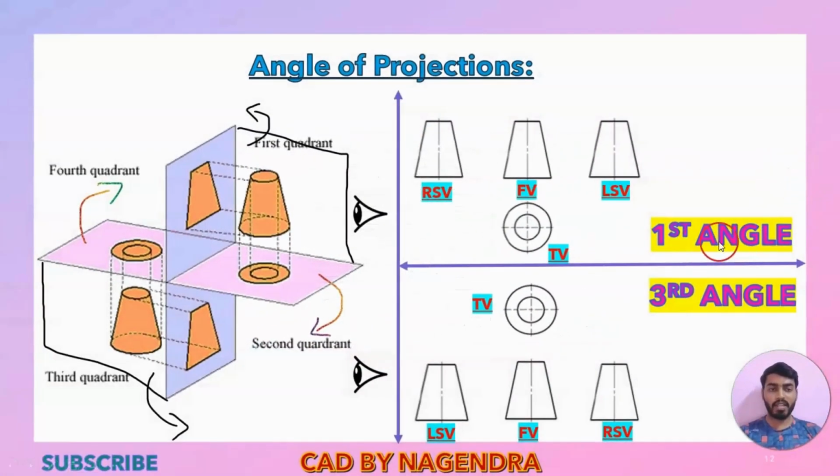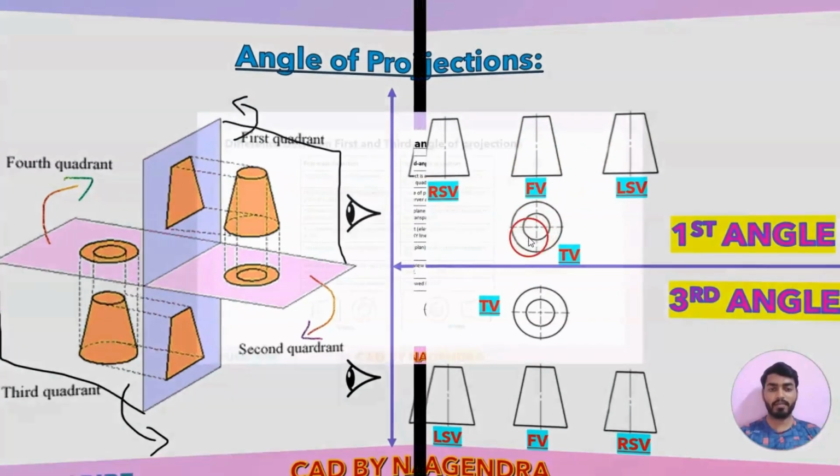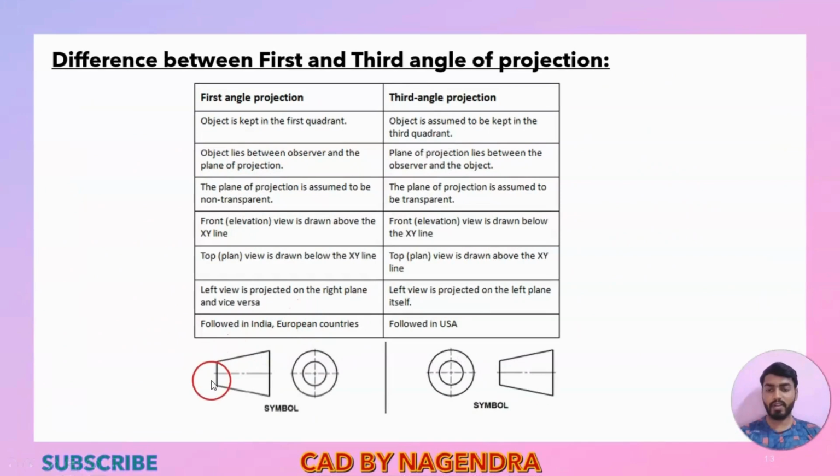See, in first angle of projection, the front view is on top, and under that we have the top view. We are seeing this vertically; if you tilt it into a horizontal position, this is the symbol. This is the front view symbol, and under that we have the top view.